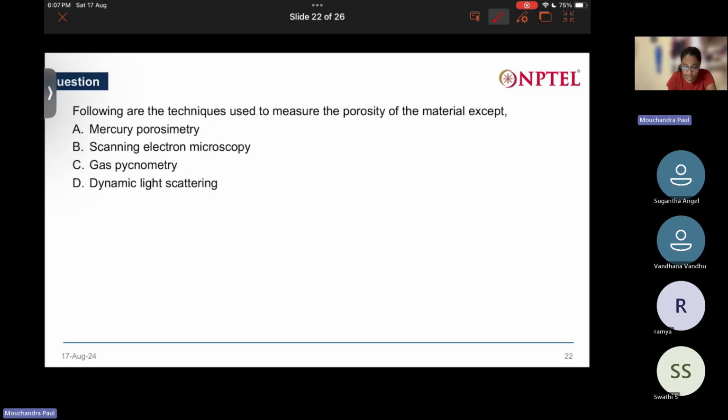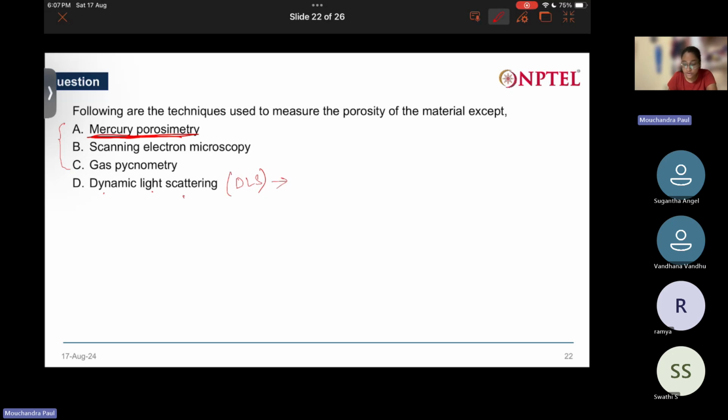We have seen that the first three techniques are widely used for measuring porosity. In the previous question there was an option called the liquid displacement method. When we use mercury in that, we call the method mercury porosimetry. But dynamic light scattering, also called DLS, cannot be used to measure porosity.